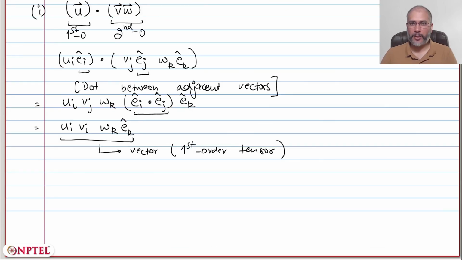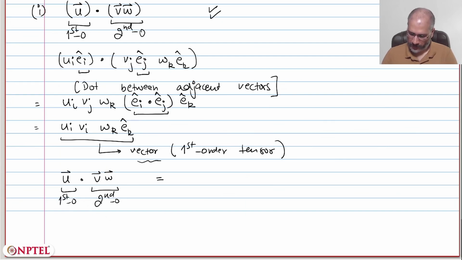So let's write our pattern here in terms of the orders. What we started with is this equation which had u dot vw. So let's write it again, u dot vw. This was first order, this was second order, and what we got as a result was a vector, which is first order.